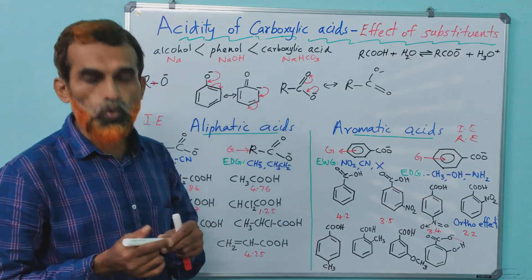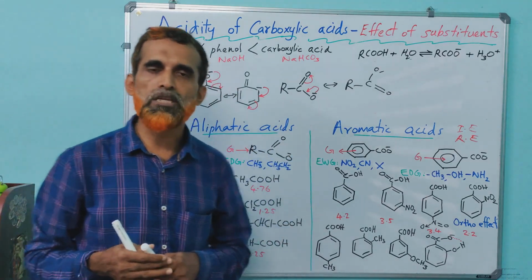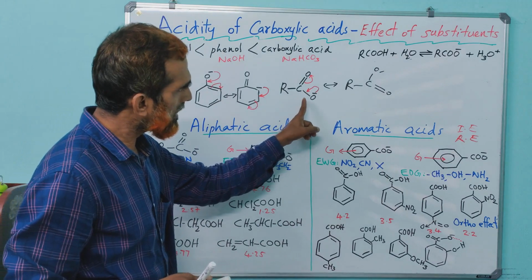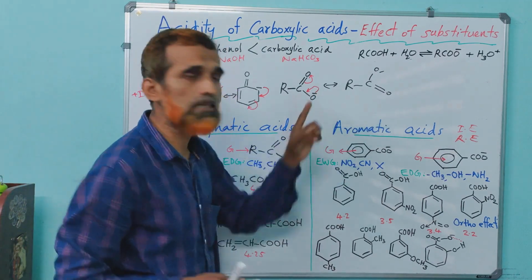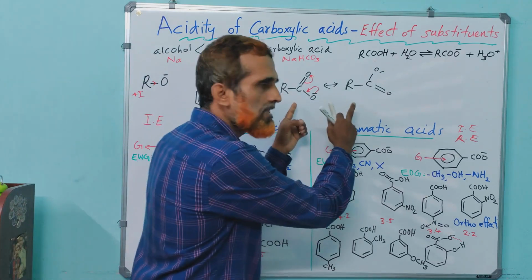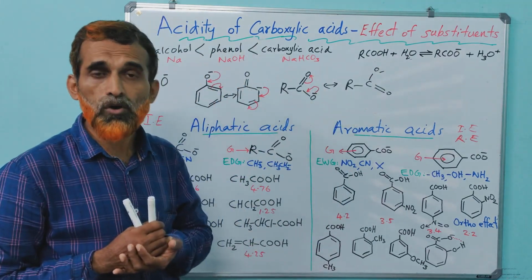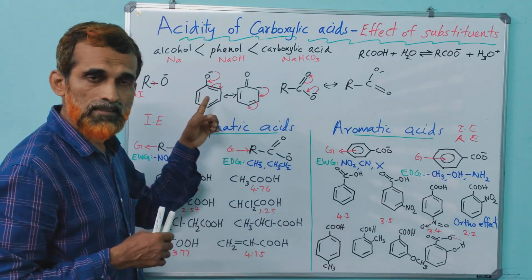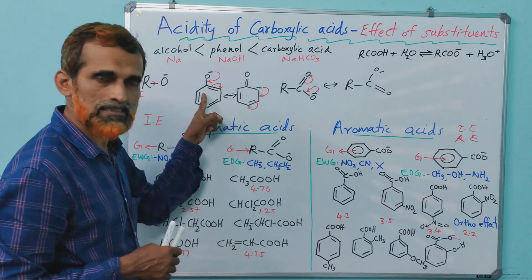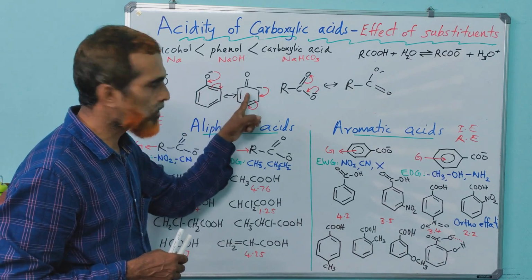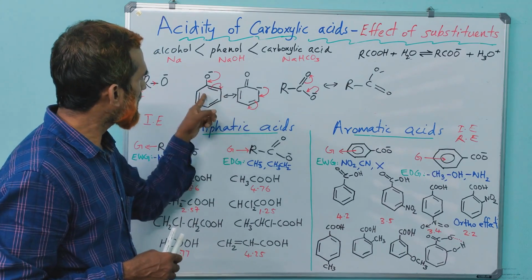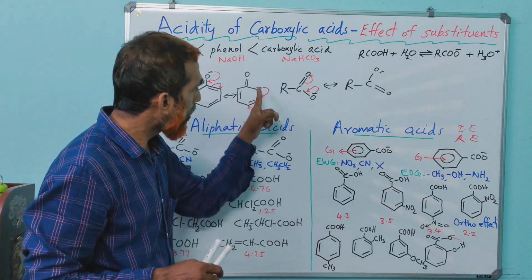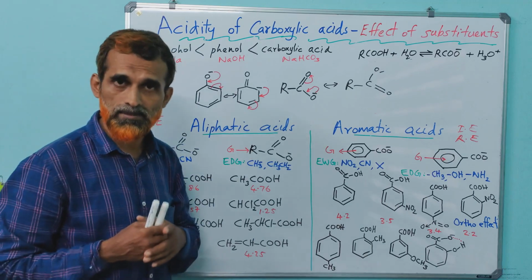See, in resonance there are some rules which explain the stability of the canonical forms or resonance structures. In carboxylate ion, the 2 structures are equivalent resonance structures. So in that case, resonance stabilization is more. Whereas in phenoxide, if you compare these 2 structures, these are not equivalent, correct? Here negative charge is on oxygen, which is favorable, but here negative charge is on carbon, which is not that favorable.